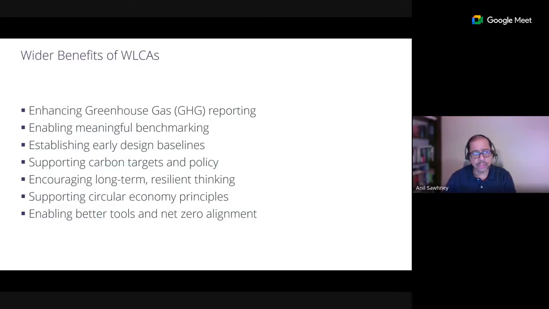So the benefit of using WLCA for us is that we can improve the way the greenhouse gas emissions, GHG emissions, are reported. Many companies and organizations are now required to report GHG emissions.